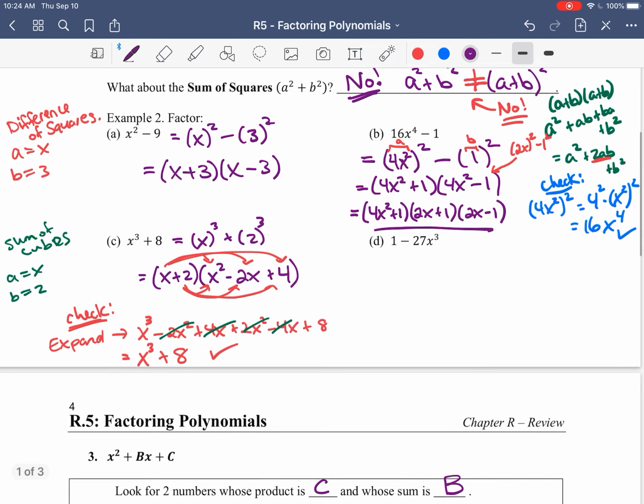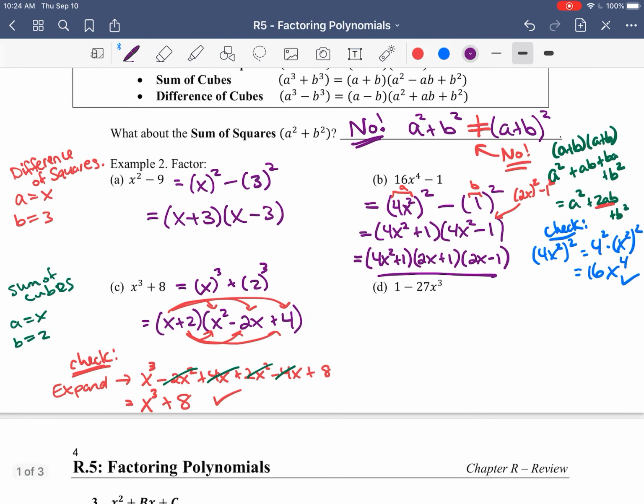Let's try d. This one looks like a difference of cubes. So I'm going to rewrite this as 1 cubed minus, now again, the cube root of 27 is 3, and the cube root of x cubed is just x. So this is going to be 1 cubed minus 3x cubed. So in the formula, 1 is going to be my a, and 3x is going to be my b.